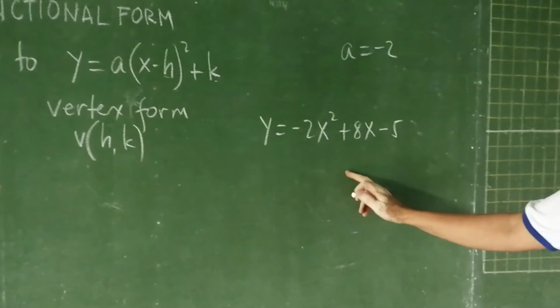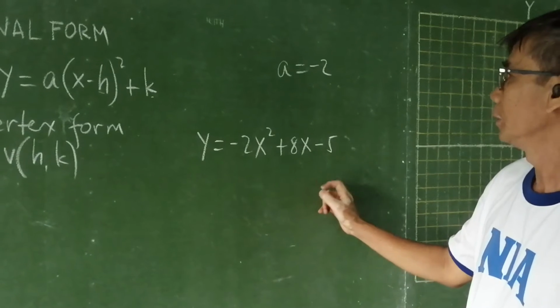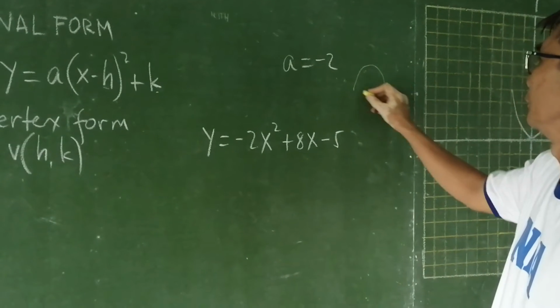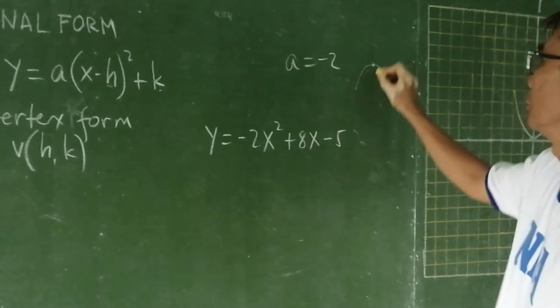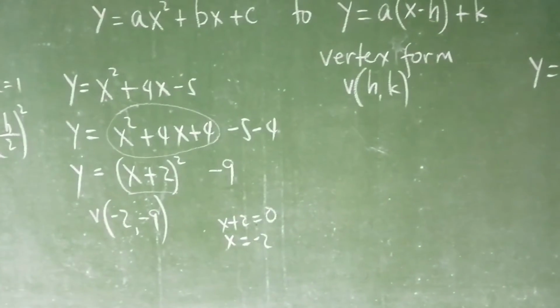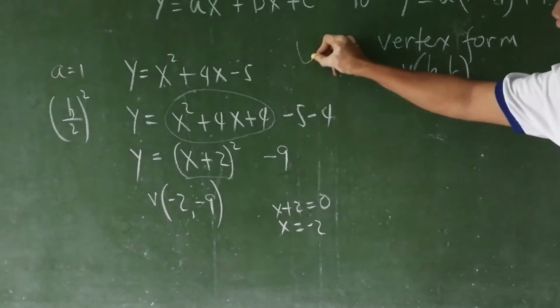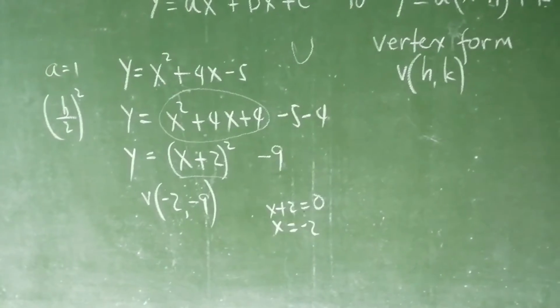Remember that when your a is negative, the parabola is opening downward, so the vertex will be your maximum point. Whereas in the first example, a is 1 and positive, so it will open upward.